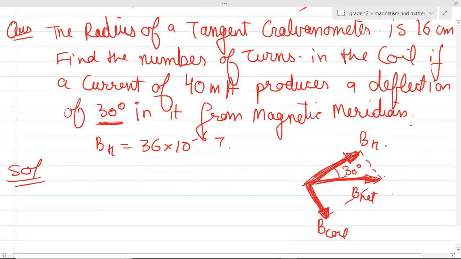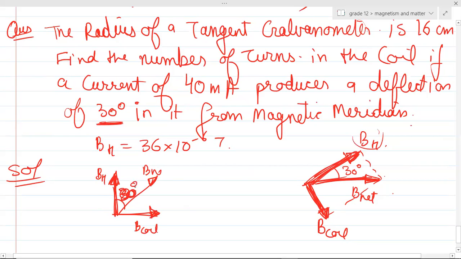Can you see from here this BH, and what is the relationship between BH and B coil? Can I draw it like this? BH over here, B coil over here, and the net will be like this, and this angle will be 30 degrees, right?